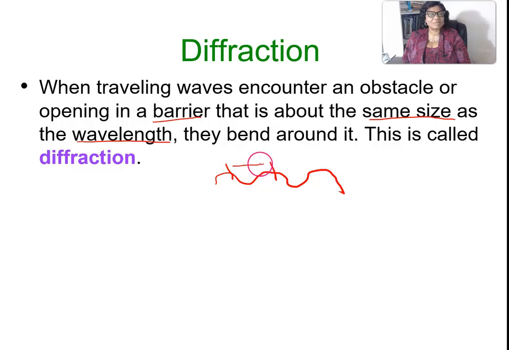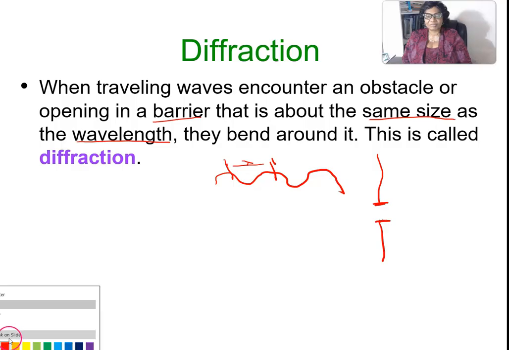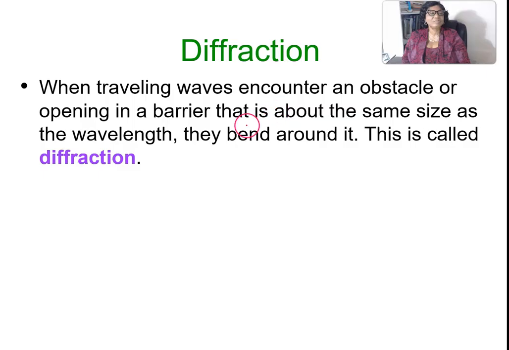That's the wavelength. So if there is an opening, and this opening is about the length from here to here, it's a barrier that is about the same size as the wavelength. So we are comparing this wavelength to this opening. They bend around it. This is called diffraction.